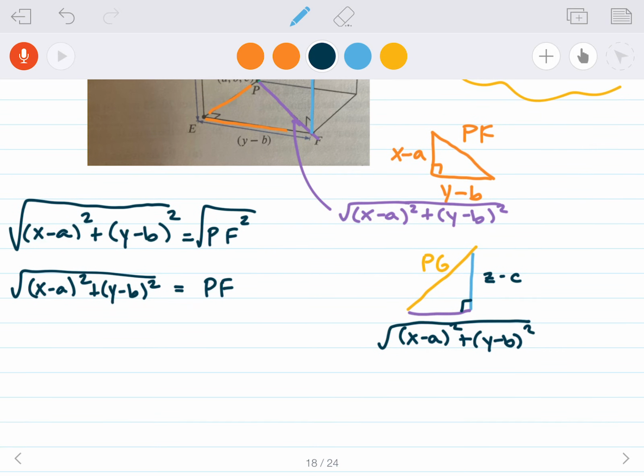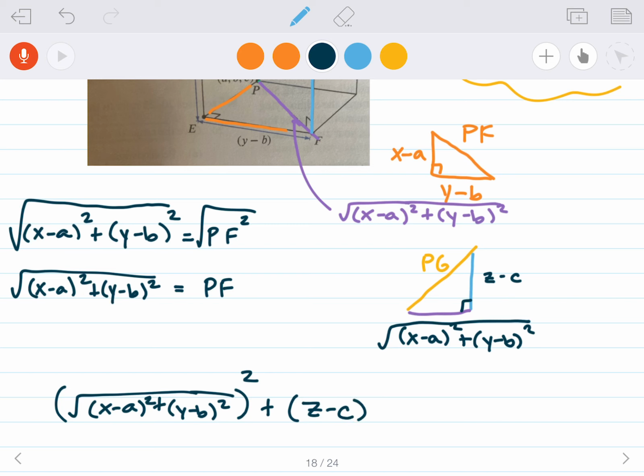One leg squared plus another leg squared, which is (z minus c) squared, is equal to PG squared. That's what we're looking for. PG is the distance.